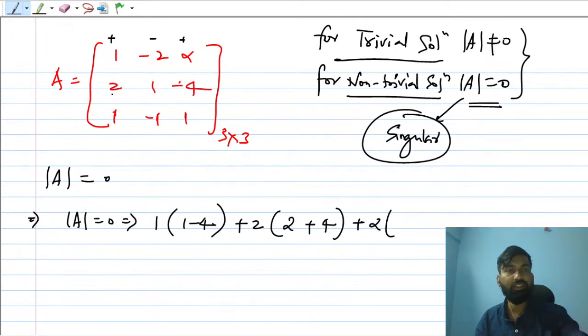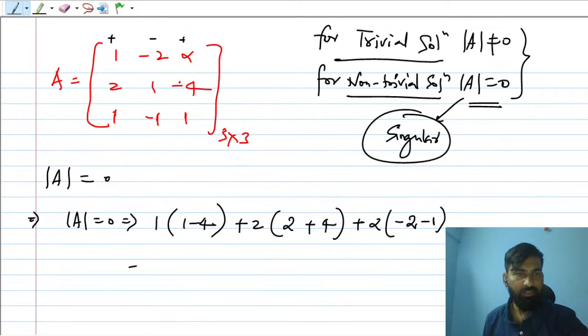So take the submatrix minor of this, so minus 2, and this is minus 1. So simple. And you are equating to 0, so no problem. Now this is minus 3, this will be I believe 12, and this is minus 3 alpha equal to 0.